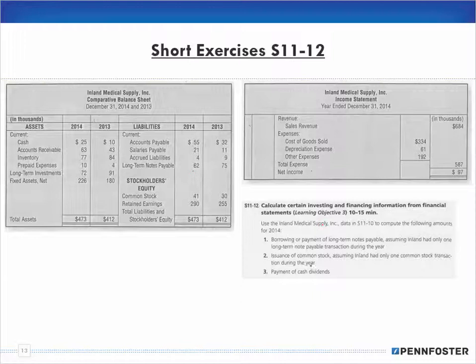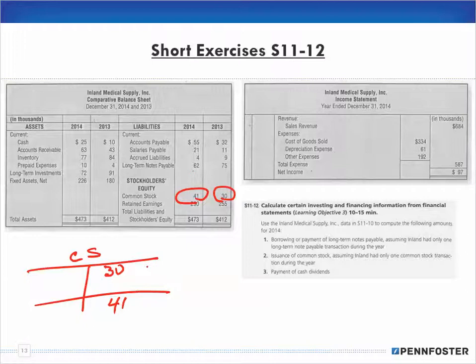Number 2 here says issuance of common stock, assuming Inland had only one common stock transaction during the year. So we have common stock. Our common stock started at 30,000, and it ended at 41,000. Now, what else affects common stock? Really, nothing else.